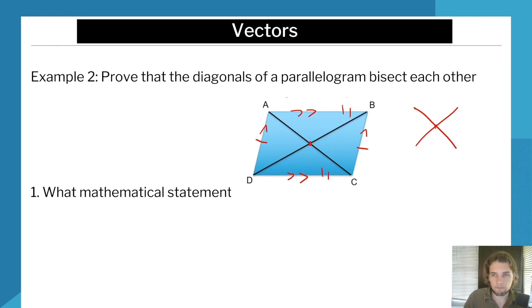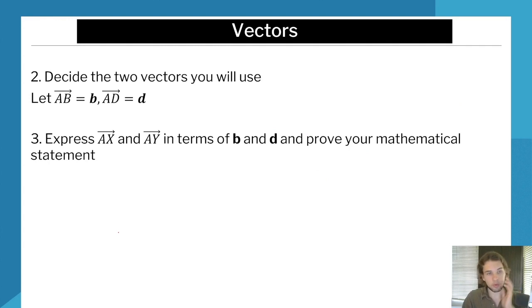So the mathematical statement we want to prove is that this point of intersection is the halfway point of both of these lines, the halfway point of A to C, and the halfway point of B to D. We're going to quickly draw our shape again.